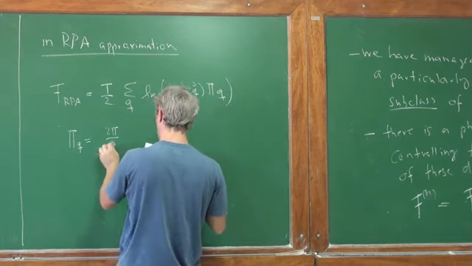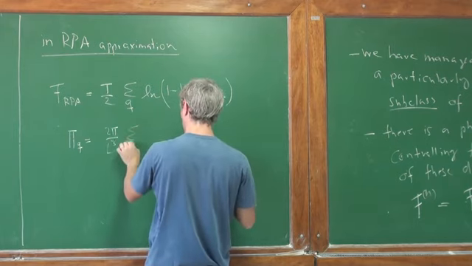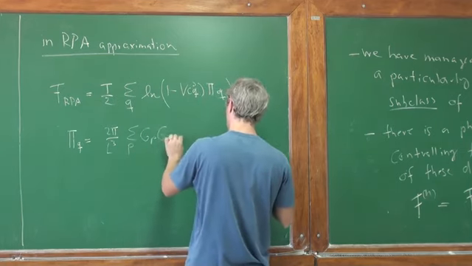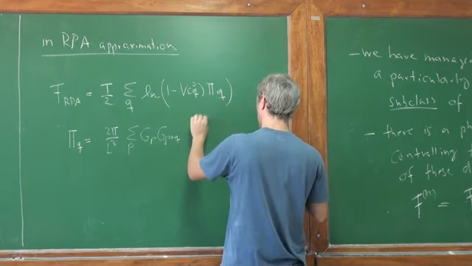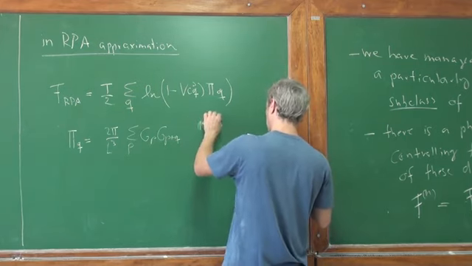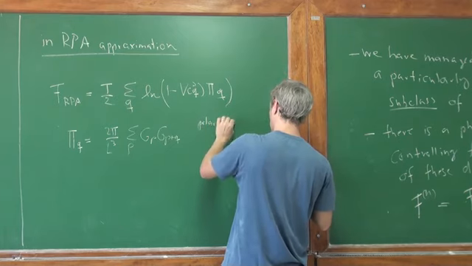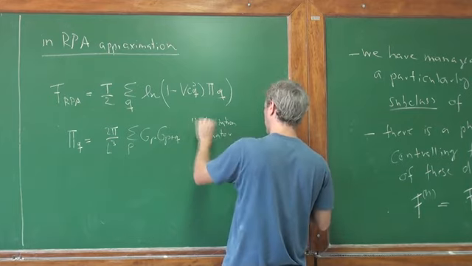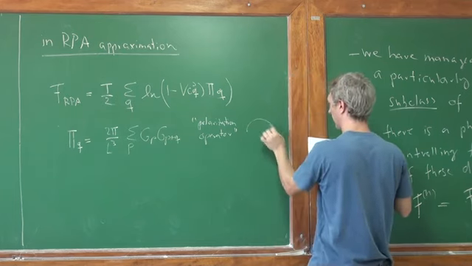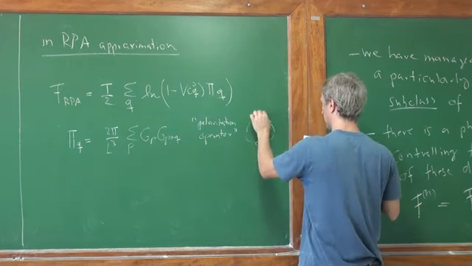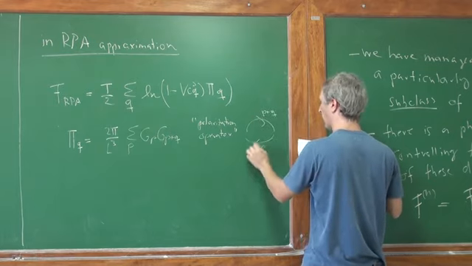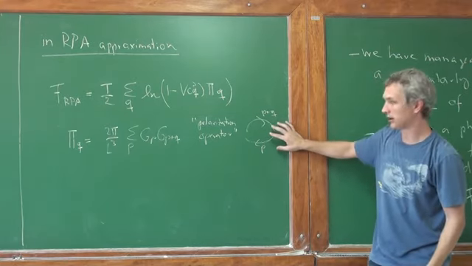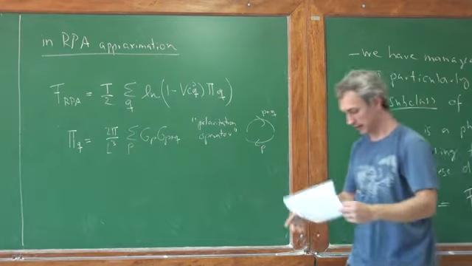It comes with 2π over L cubed, and then the product of two propagators at shifted momentum, and this is called the polarization operator. It diagrammatically corresponds to this polarization bubble that appears in these strings. All momenta here are the 4-momenta, containing 3D momenta and Matsubara frequencies.